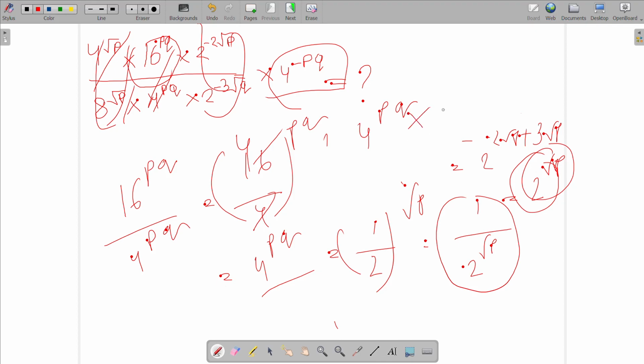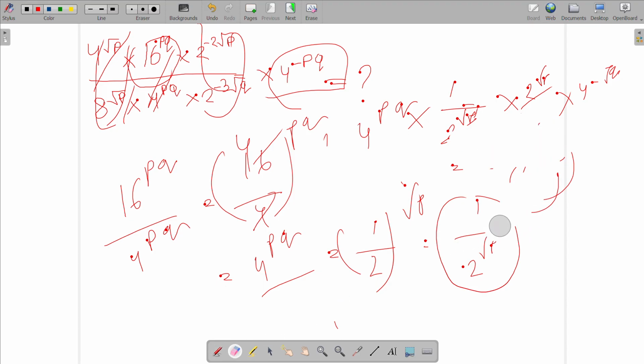We get 1 to the power 2 root p, and we also get 2 to the power root p. But we still have 4 to the power minus p cube in our hand, so these two things cross out. Sorry for that.